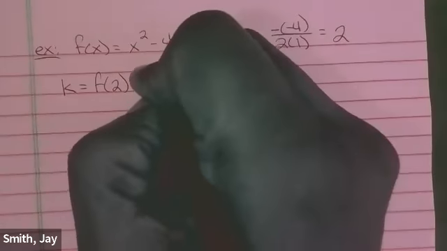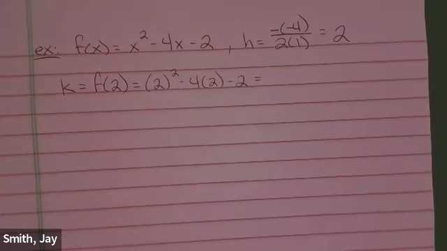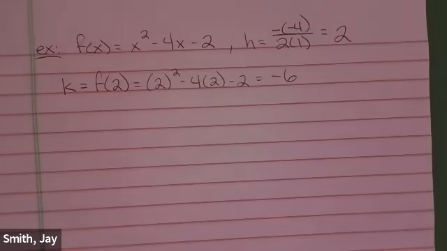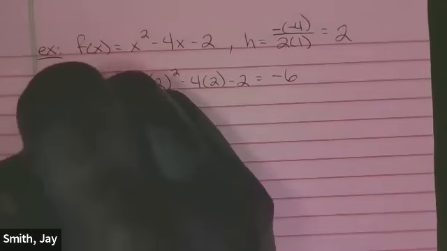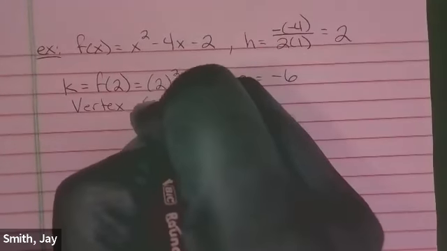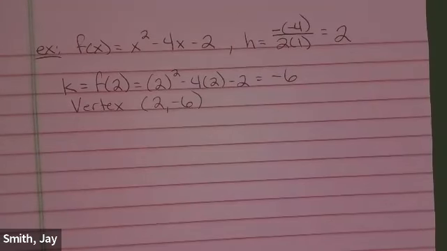In this case, we have 2 squared minus 4 times 2 minus 2, or the y that's associated with the x we plugged in, in this case 2, is negative 6. All right, so we found our vertex, which is the ordered pair 2, negative 6.